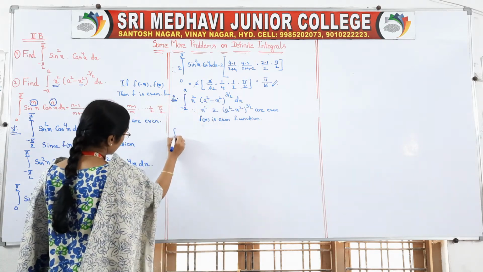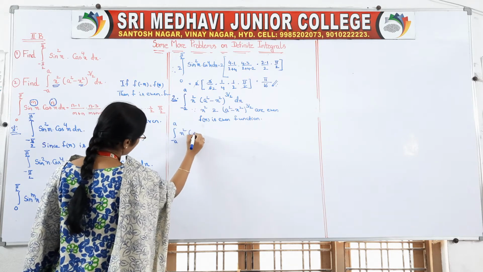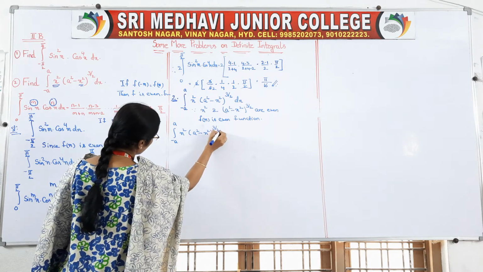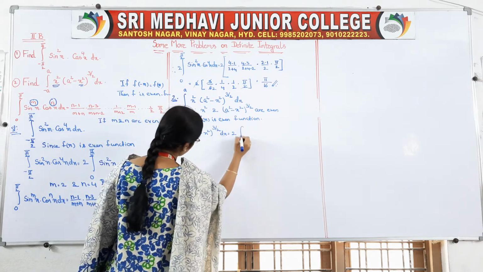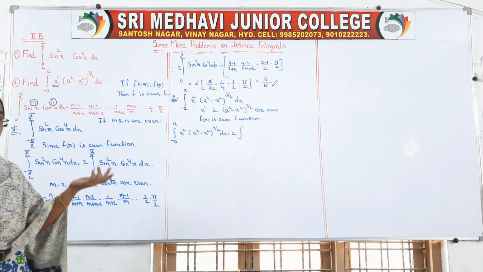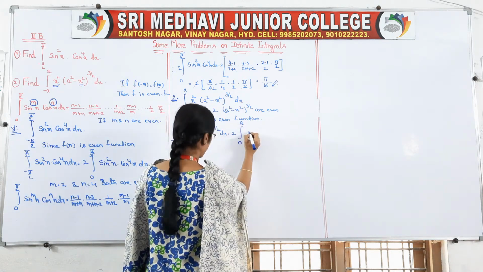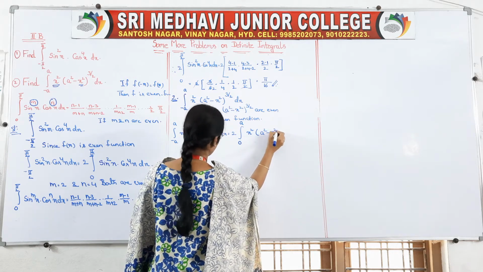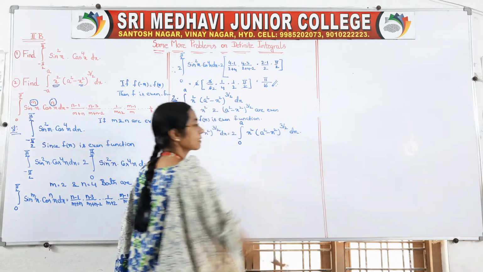So we can write integral from minus a to a of x square into (a square minus x square) to the power of 3 by 2 dx as 2 times, whenever limits are minus a to a, we have to write 2 times the integral from 0 to a of x square (a square minus x square) to the power of 3 by 2 dx.